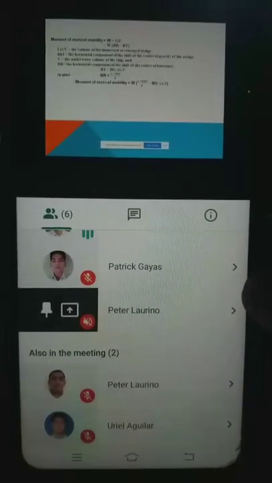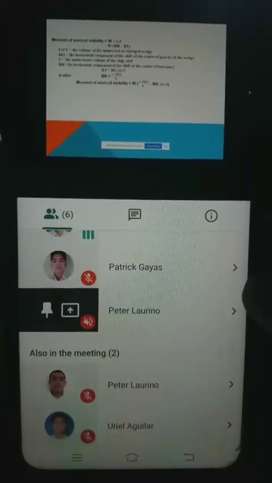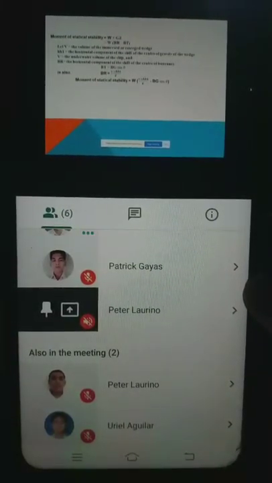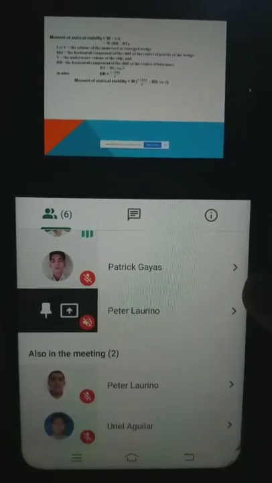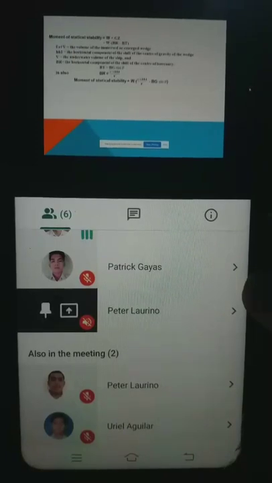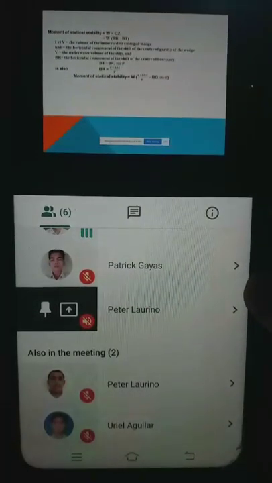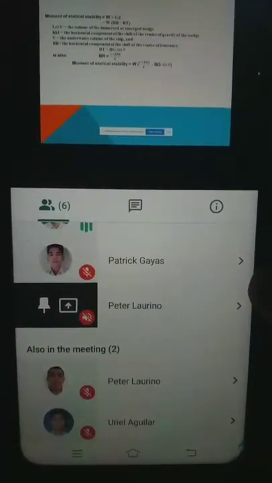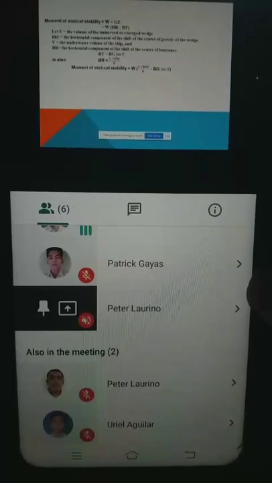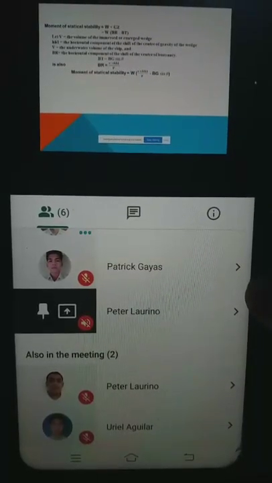Moment of statical stability is equal to W times GZ, or W times (BR minus BT). So, let v be the volume of the immersed or emerged wedge, HH1 the horizontal component of the shift of the center of gravity of the wedge, V the underwater volume of the ship, and BR the horizontal component of the shift of the center of buoyancy.